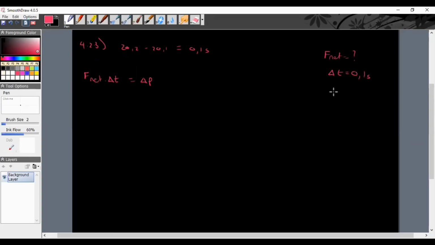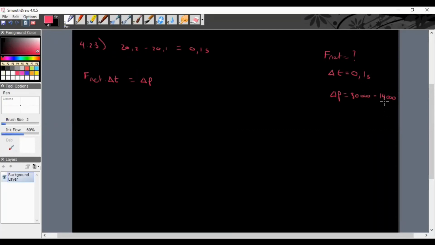My delta t, I calculated from the graph to be 0.1 seconds. The change in momentum I can calculate because on my graph, I see that the momentum of car A was 30,000, but within 0.1 seconds changed to 14,000. I just read that off the graph.